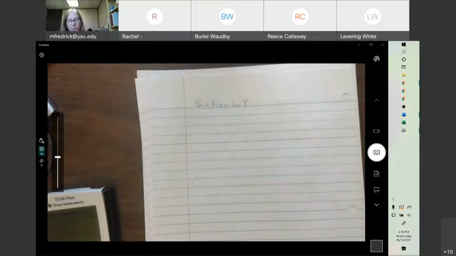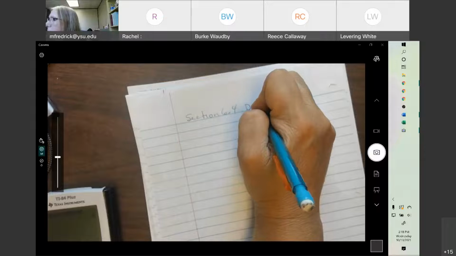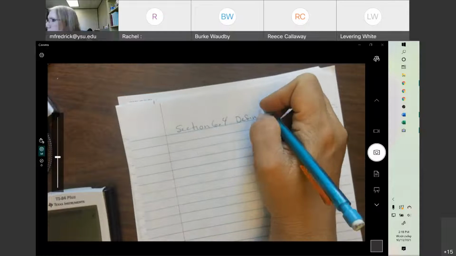6.4. 6.4 is the definition of the derivative.